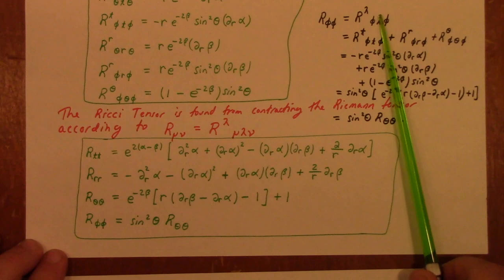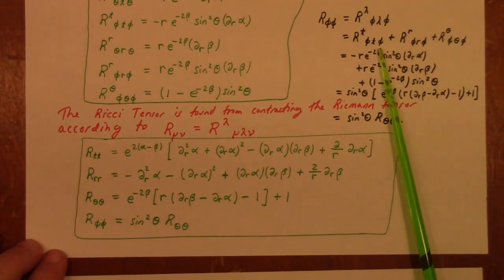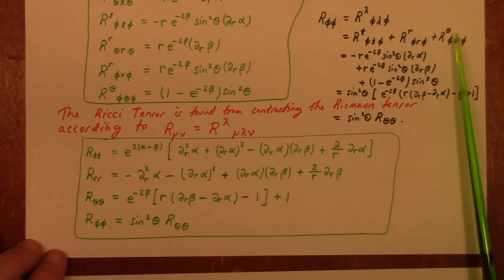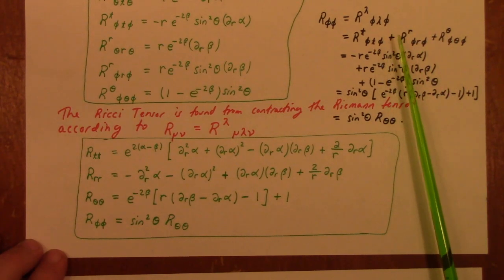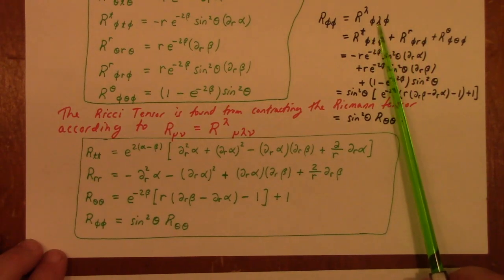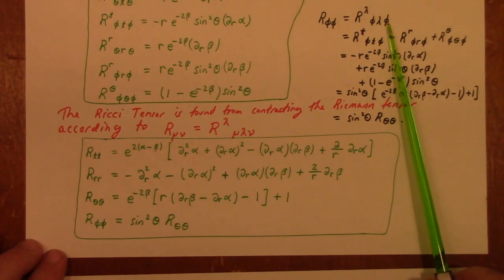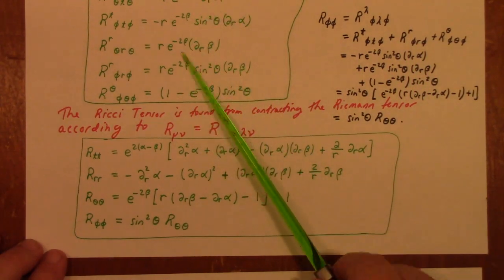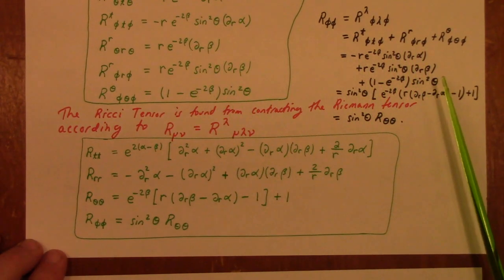And so here there are actually 3 interesting non-trivial terms, because you could have TT or RR or theta theta. You're not interested in the phi, remember it's anti-symmetric, so if you put phi and phi here, I think it's 0. So these are the non-zero entries in the Riemann tensor.